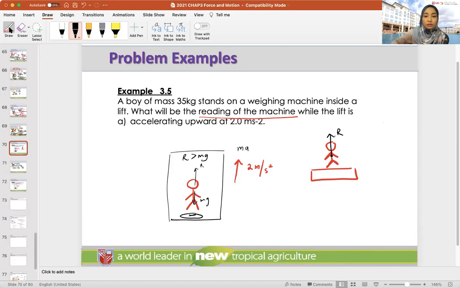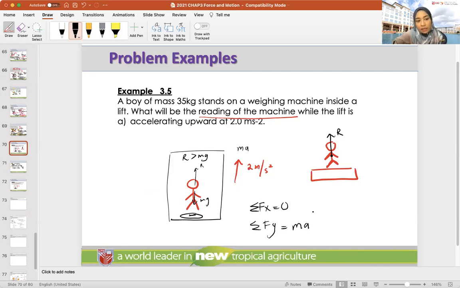Okay, so we have ma, we know that we are accelerating, therefore we are not in equilibrium. This is not me, this is you guys. So we start with net Fx equals 0. Do we have anything in our x-axis? Not really. So actually I don't really need the net Fx. So we go straight to the net Fy, which is equal to ma.